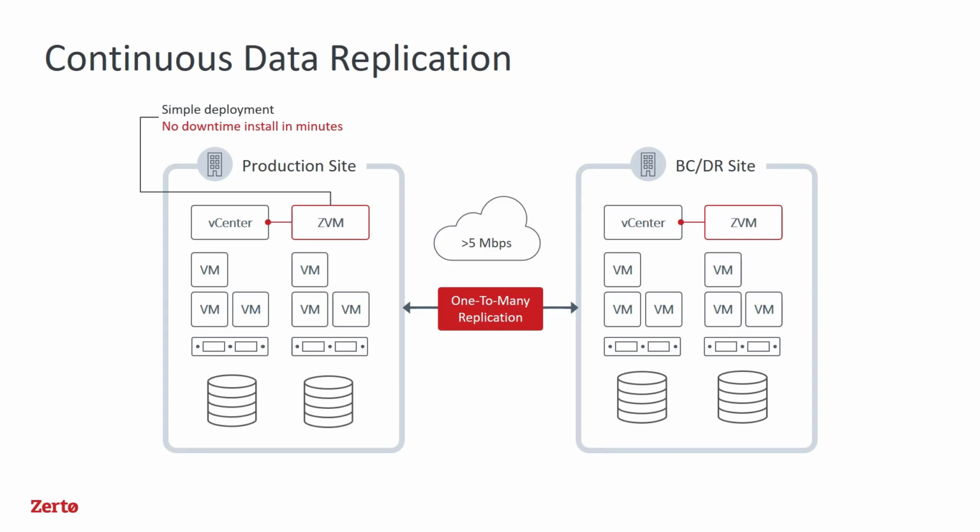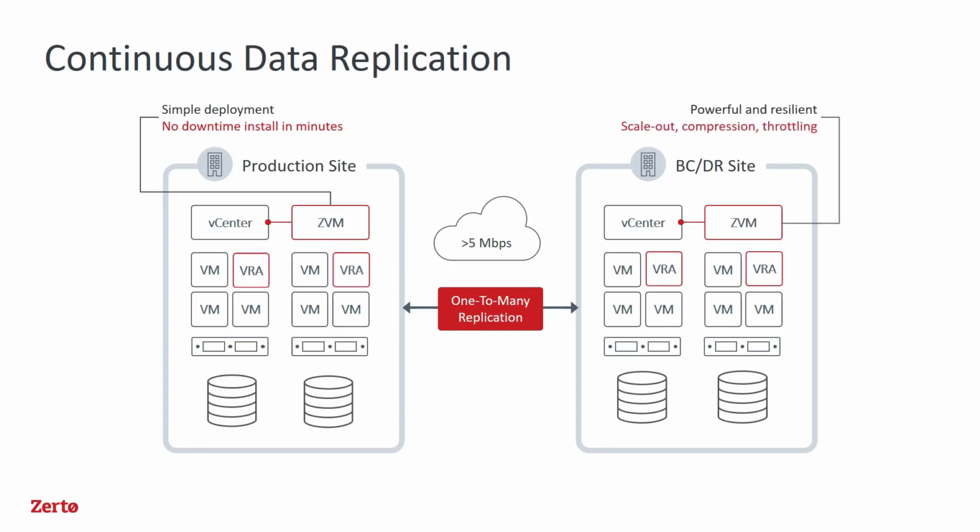Now, as soon as the ZVM is installed, we'll start installing what I like to call the worker bees of the solution: virtual replication appliances. These are the appliances that actually do the heavy lifting. They perform the block level, continuous replication. They have built-in compression and built-in bandwidth throttling, and they are a scale-out architecture.